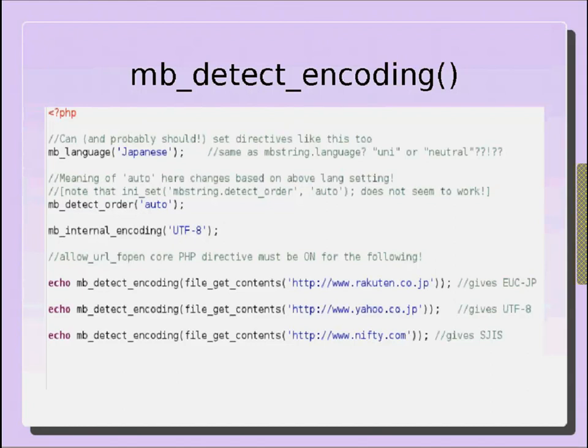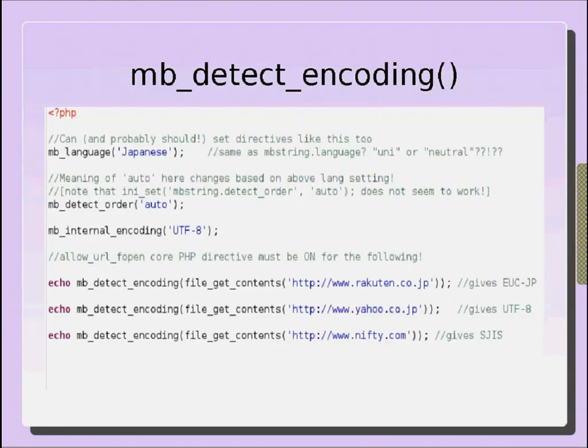Yahoo Japan is giving us UTF-8, which we know already. Nifty.com is giving SJIS, which means Shift-JIS, which is a Microsofty character set for Japanese. And if you actually go to these sites and do a view source, you can see that MB detect encoding is giving the correct character encoding basically.